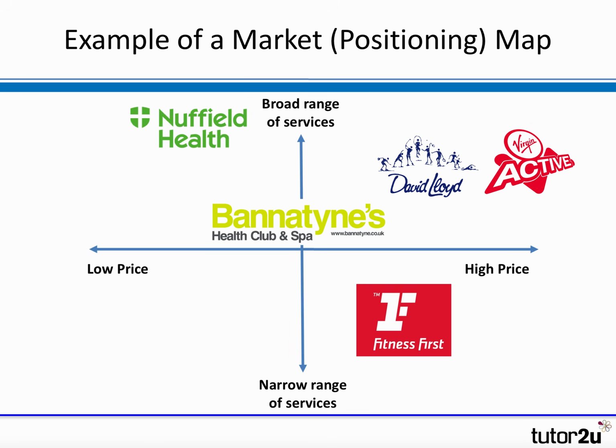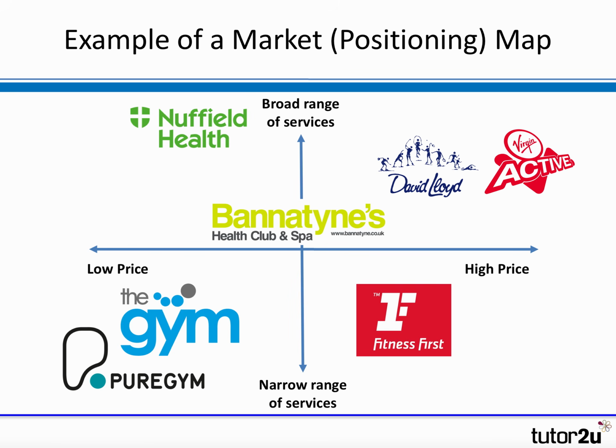Perhaps it might need to try to move into the top right-hand quadrant to compete, but particularly because it's facing increasing competition from the likes of Pure Gym and the Gym Group, the two largest fitness groups in the UK now, which have built a very successful, fast-growing model based around a very narrow range of services, essentially exercise equipment and classes, but for a very low price and highly flexible contracts, almost pay-as-you-go gym usage.